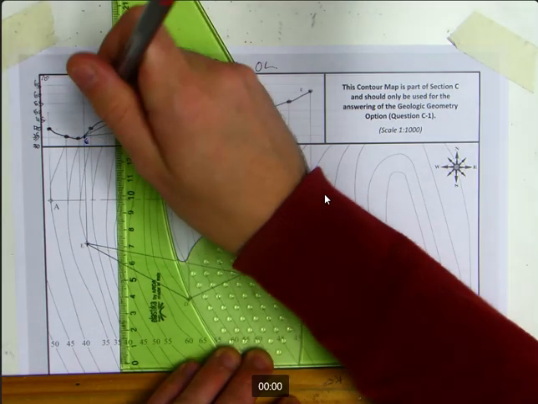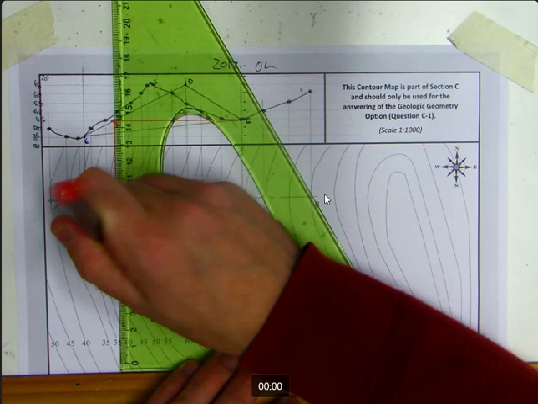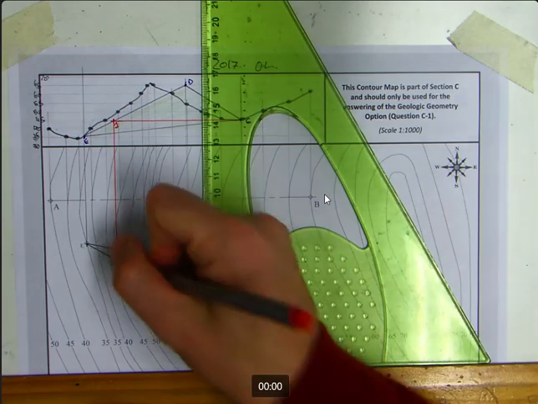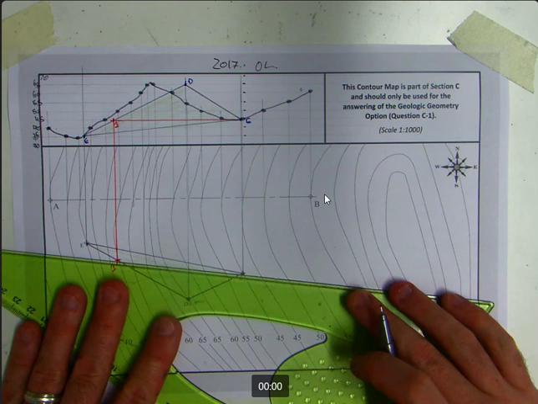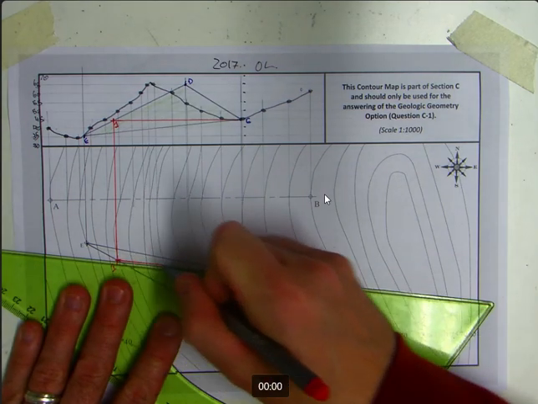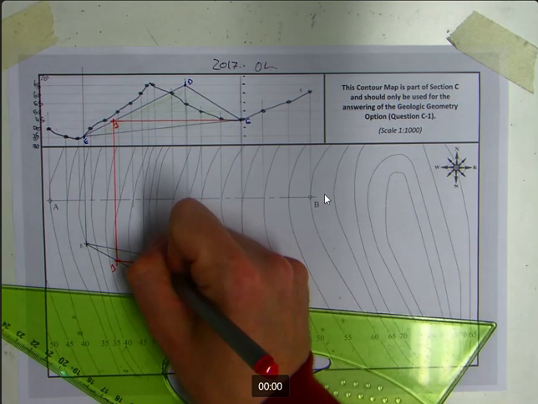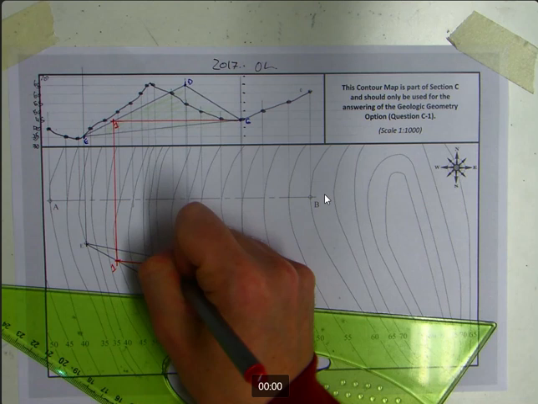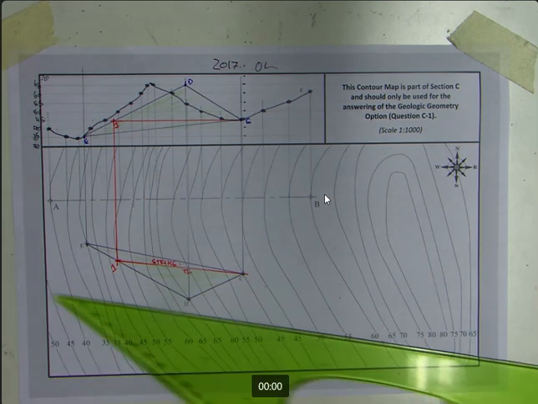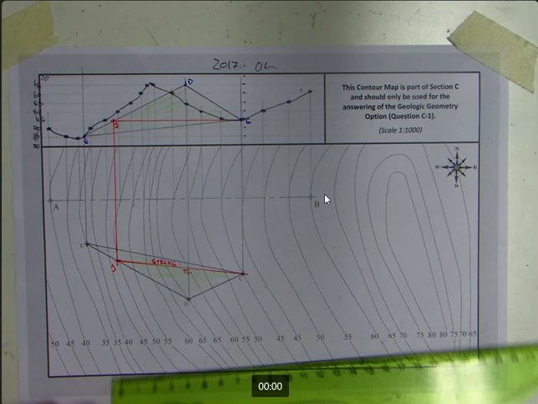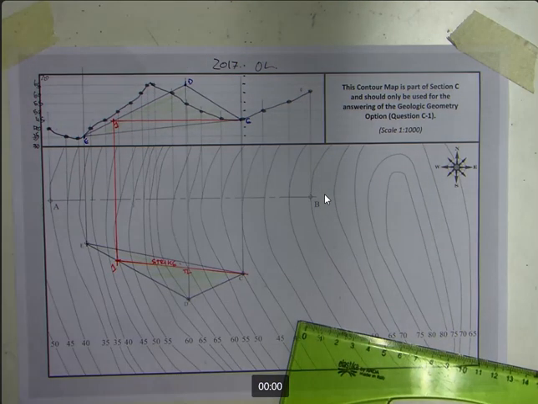So if 1 is there on the line ED, well, it must be on the line ED in plan. That is where 1 is. So therefore, C1 is our strike. It's also a true length line, which means I can look along the line to find the dip.